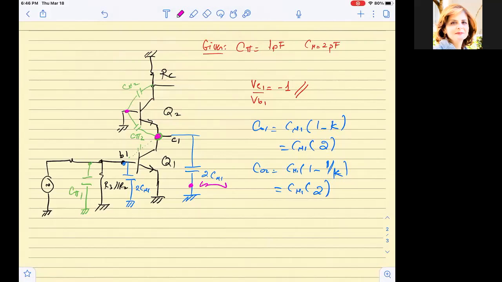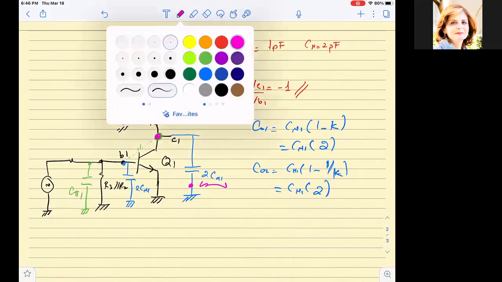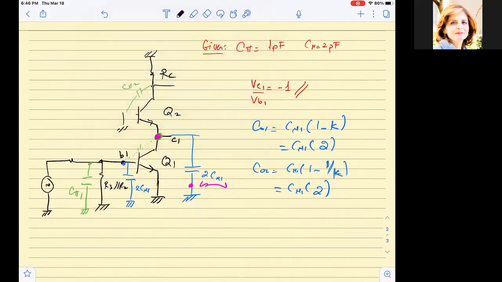What else do I have from this side? I can see C pi 2, because I can move it, and I can bring C pi 2 down so it becomes parallel to it, so I can put C pi 2 here.